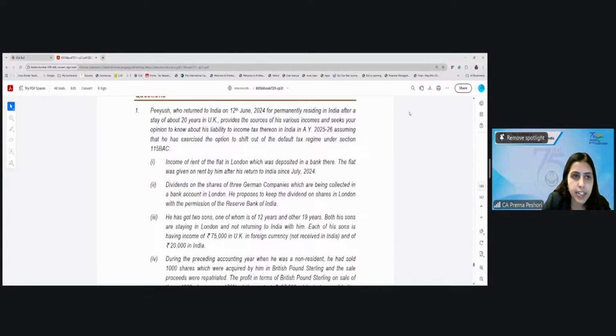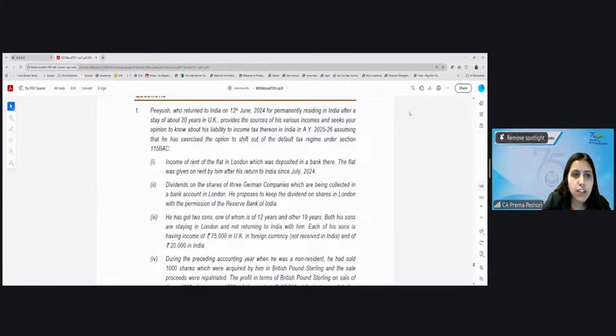Not taxable in India? Yes, very good. So this is the income which is accruing or arising outside India, which is also received outside India. So therefore, this will not be taxable in India. Yes, Suchita.